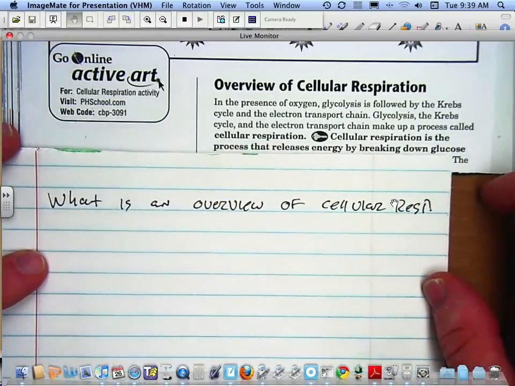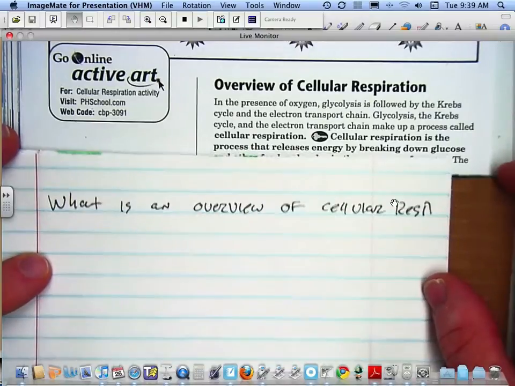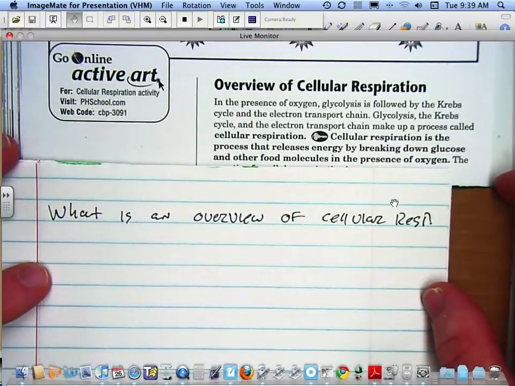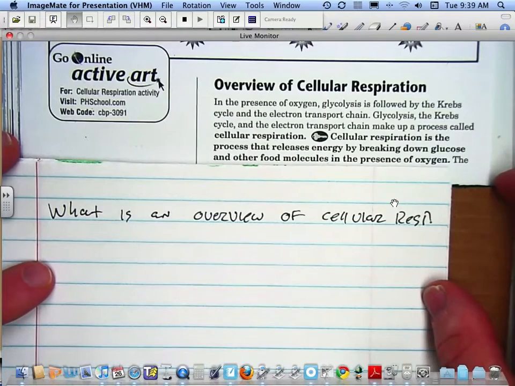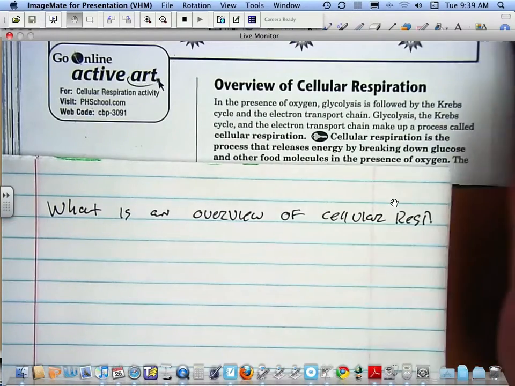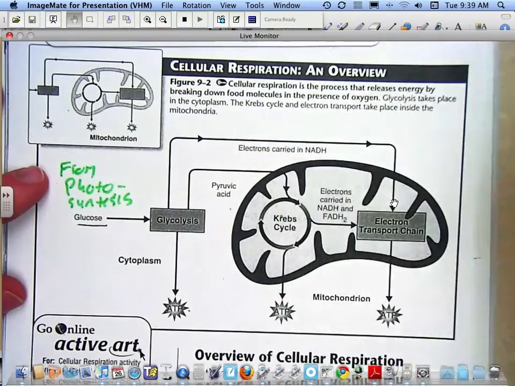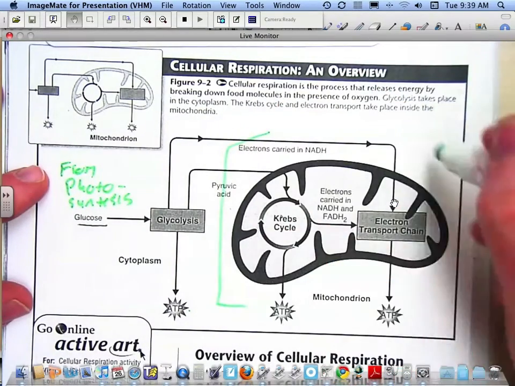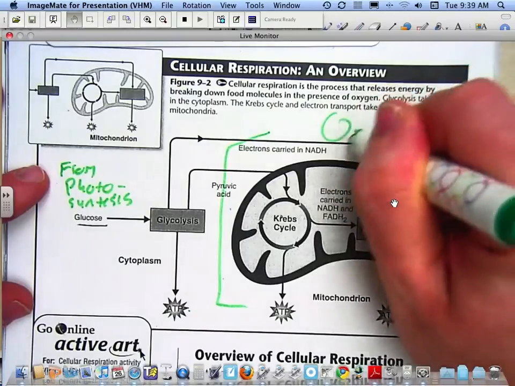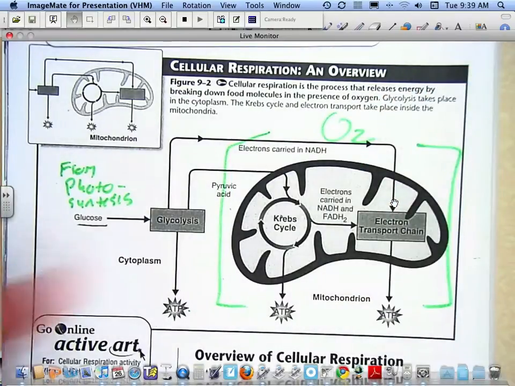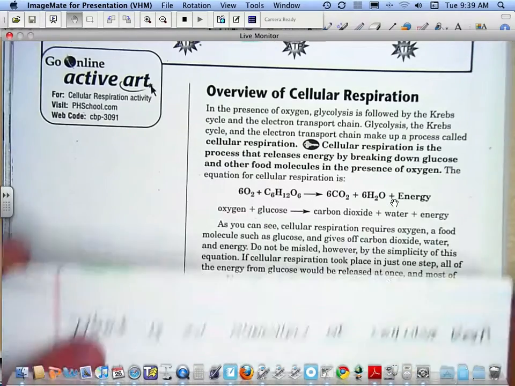Cellular respiration is the process that releases energy by breaking down glucose and other food molecules in the presence of oxygen. Okay, so in our graph, oxygen must happen here. You must have O2 for this to happen. Here, you don't need O2. All right? Moving right along.